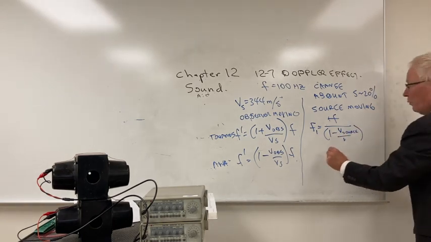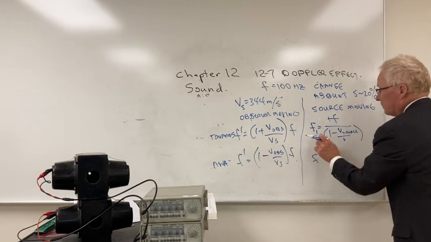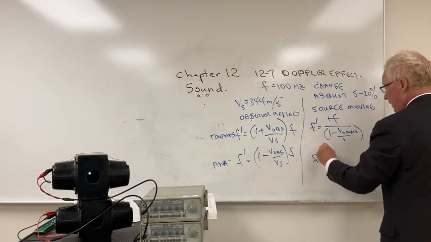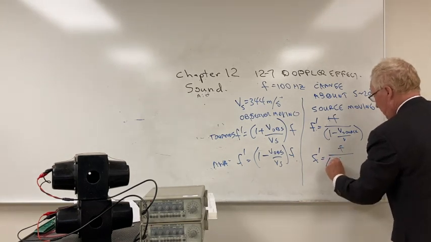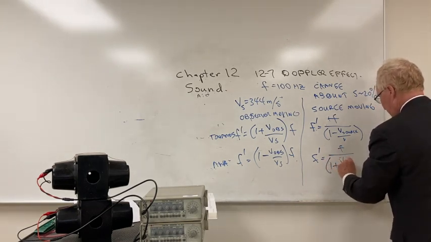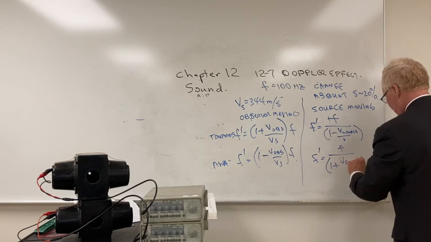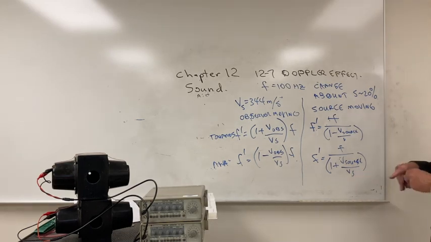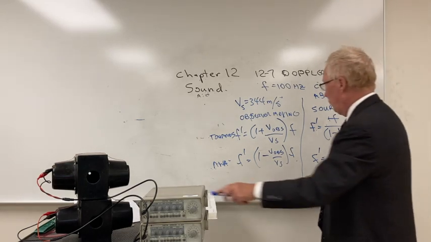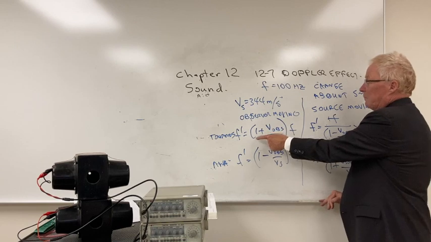And if it's moving away, F prime is F over 1 plus V source over V sound.